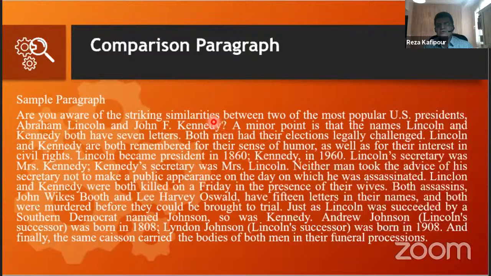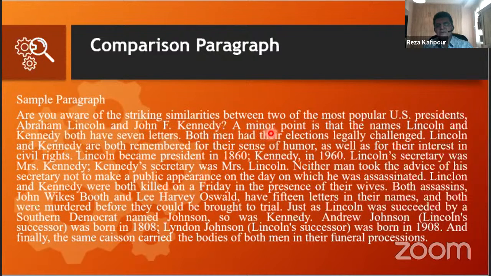So what are we going to discuss? Similarities between two of the most popular US presidents. So view the structure, there are similarities between, to formulate the topic sentence. Between two US presidents, this person and that person.